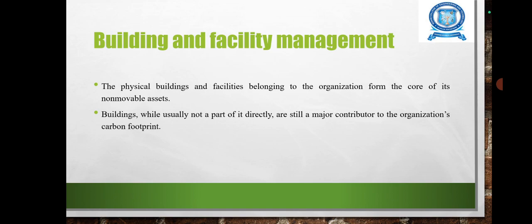It is still a major contributor to the organization's carbon footprint. Here there is a need and demand to consider the carbon issues during initial procurement or construction of buildings.